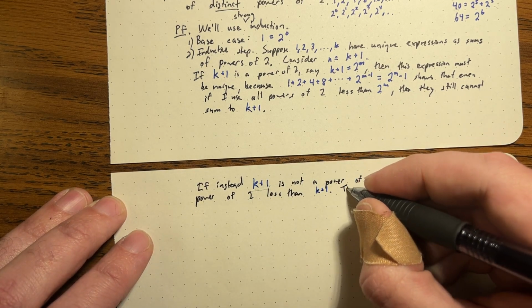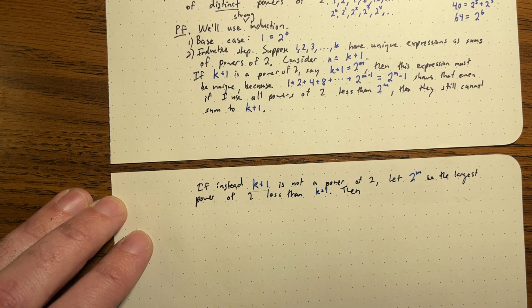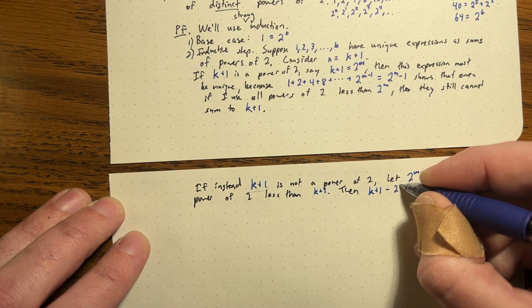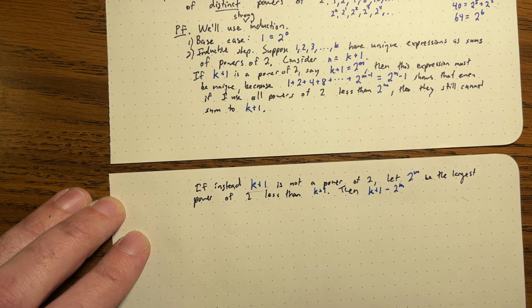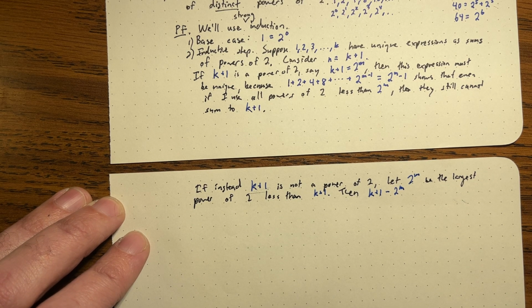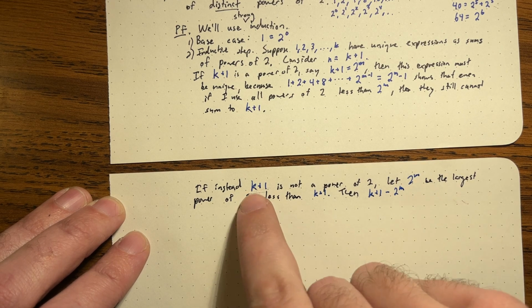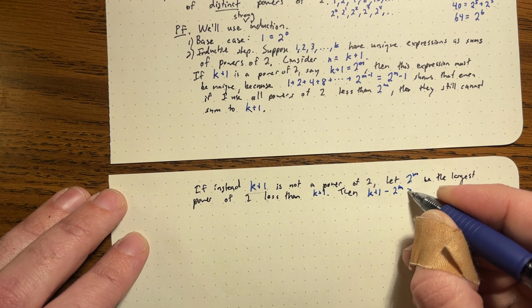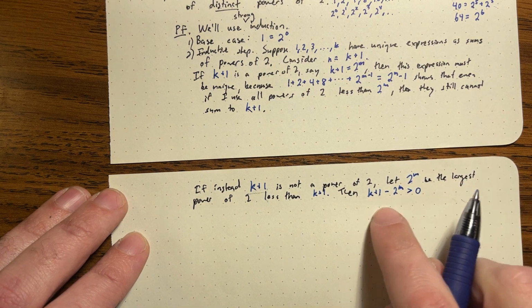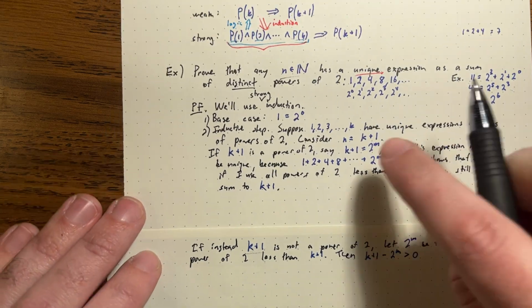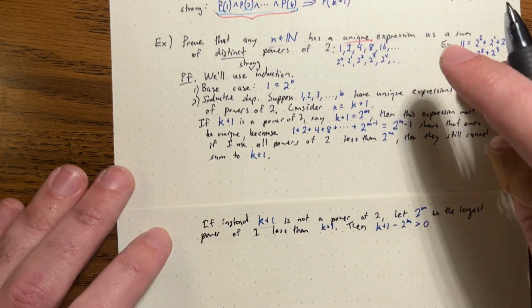And then k plus 1 minus that power of 2, minus 2 to the m, is, well, first of all, this is not a power of 2. This is strictly less. So let's make sure the reader is aware that this number is actually larger than 0, so our induction hypothesis applies.